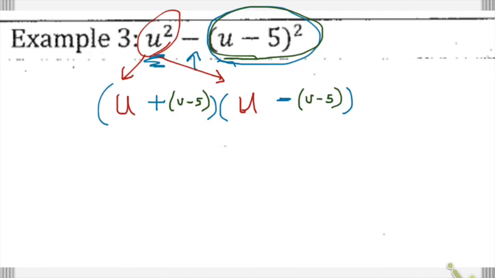And then we can simplify those factors. So looking at this first factor and simplifying that, we have u plus u, which is going to give us 2u minus 5.